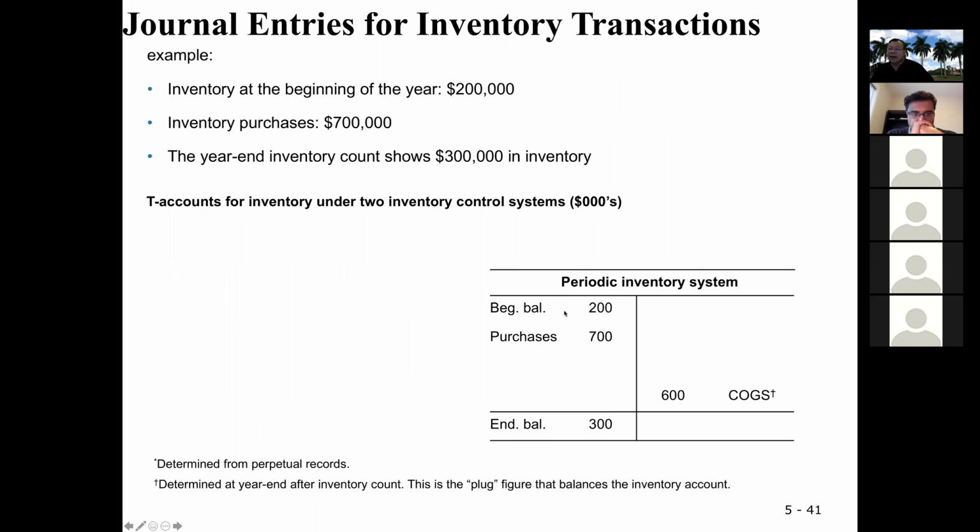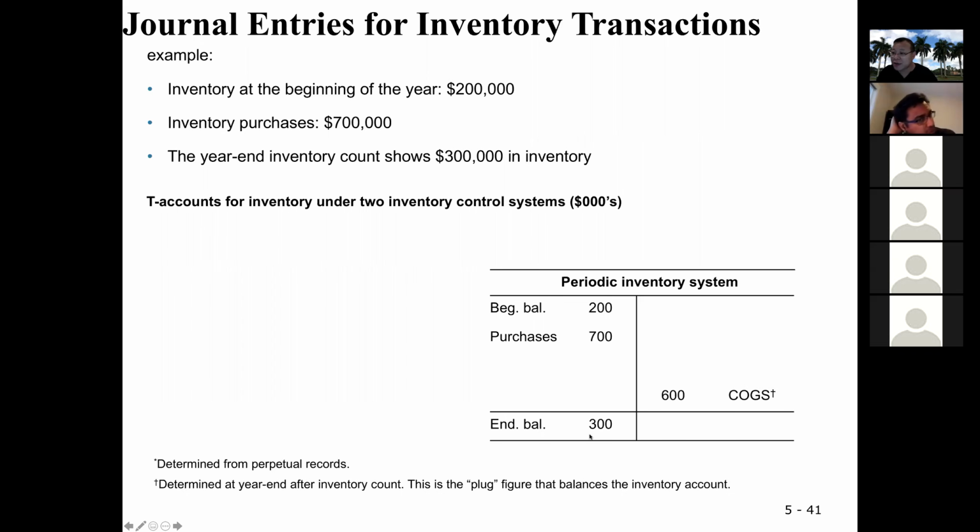Your opening balance is 200,000, and when you have an addition, you increase inventory, so you put it on the left side. That's the 700,000. Your ending balance is 300,000. So 200 plus 700 is 900 available at the year end.